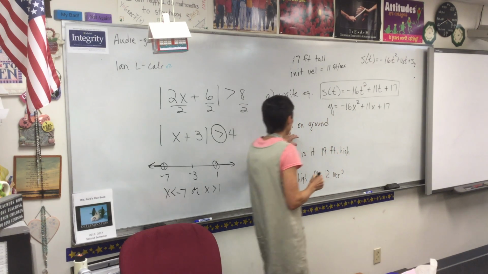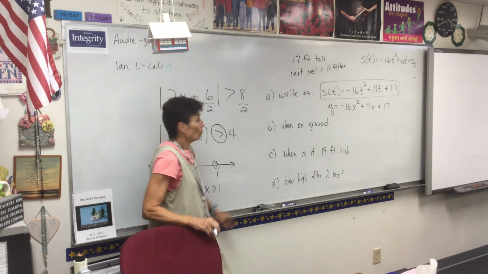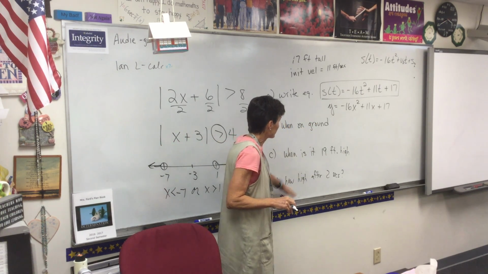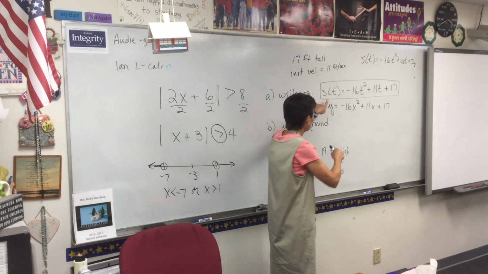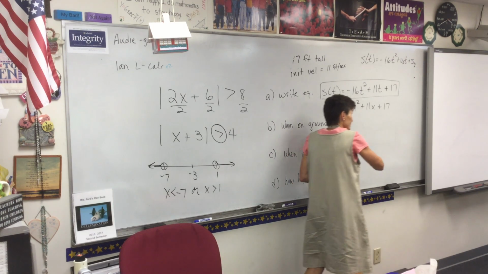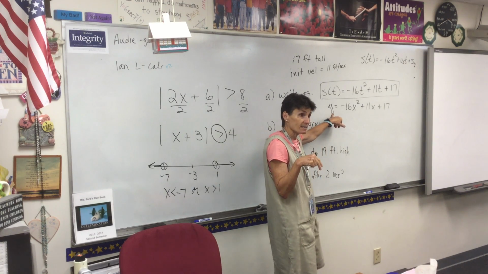So here we go. When is the ball on the ground? When you do these three problems, you're going to take that equation and you're either going to plug a number in for y or you're going to plug a number in for x. If you're plugging it in for y, it's a height.